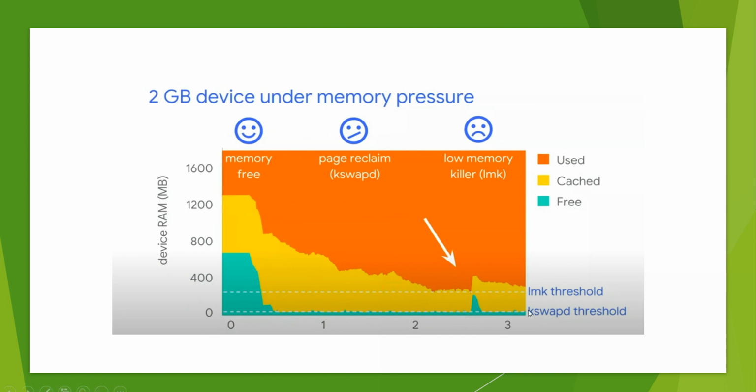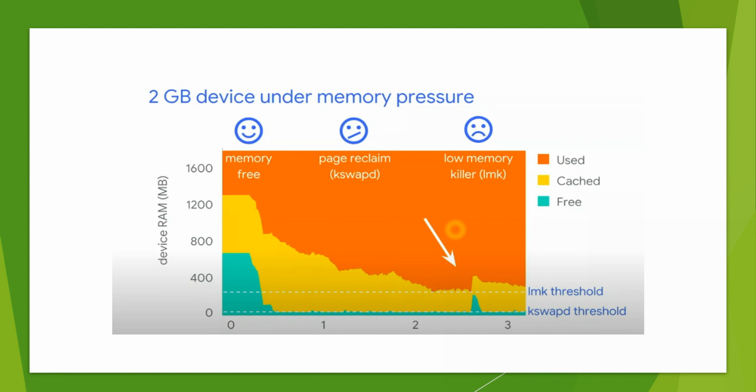That time, the low memory killer will kick in. The low memory killer defines a threshold called the LMK threshold. When KSWAP-D starts freeing the cache memory, and the cache memory falls below LMK, see here at this point we can see it is falling below LMK, that time the low memory killer will kick in.